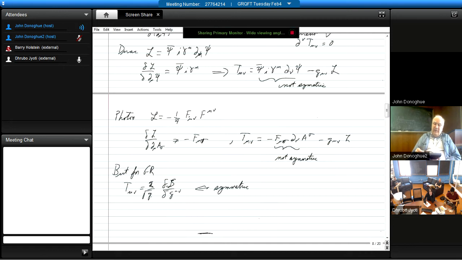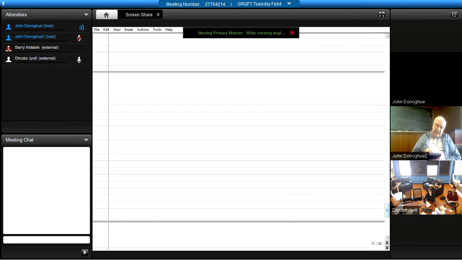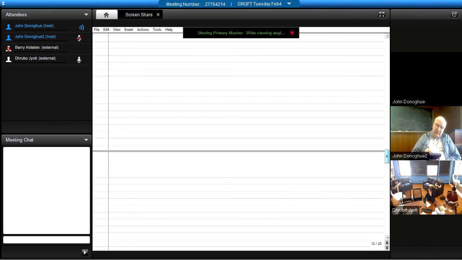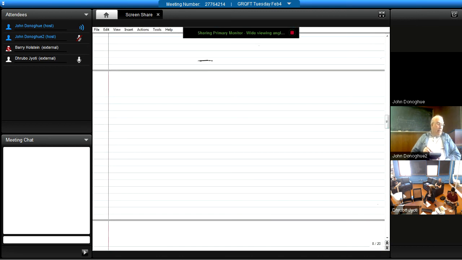Moreover, even if you're not doing general relativity, you'll most often see the energy momentum tensor for photons, for example, written out in a symmetric form. The form that I've written here is actually not what's most often used. Okay, and the reason that these both can be true is there's a non-uniqueness.